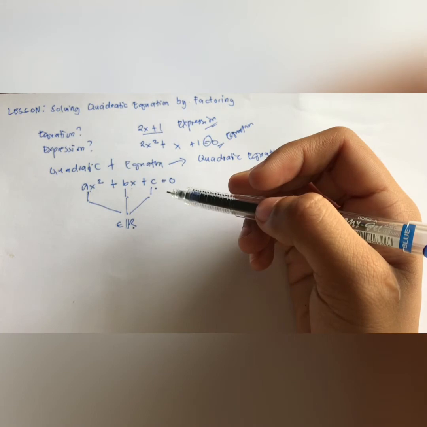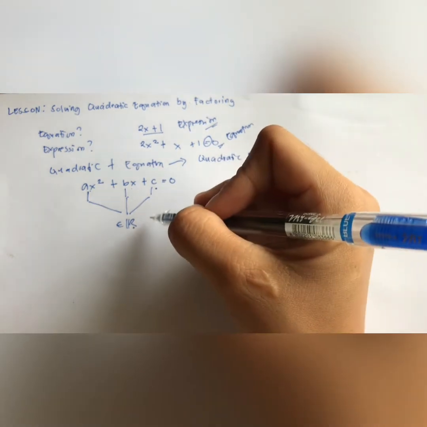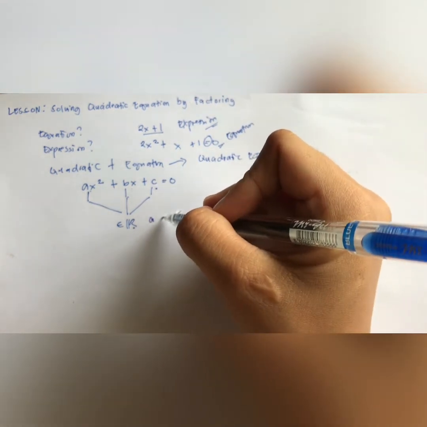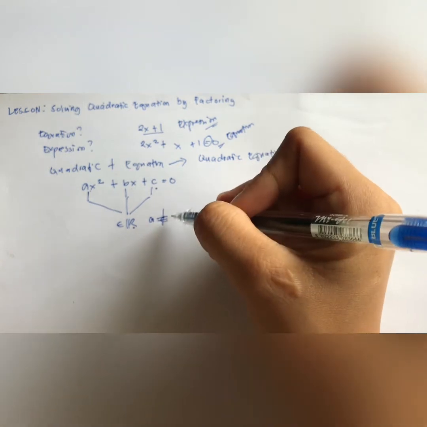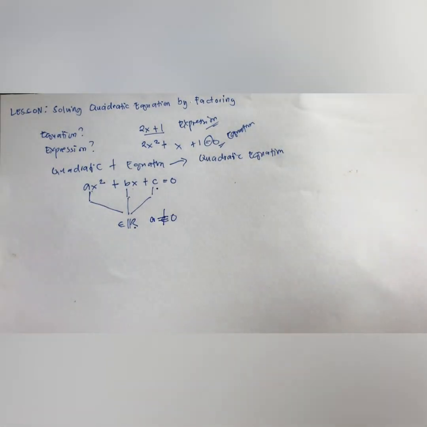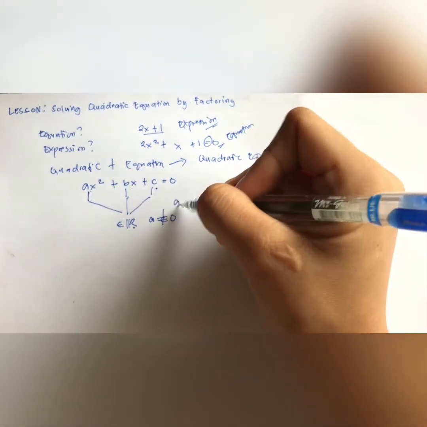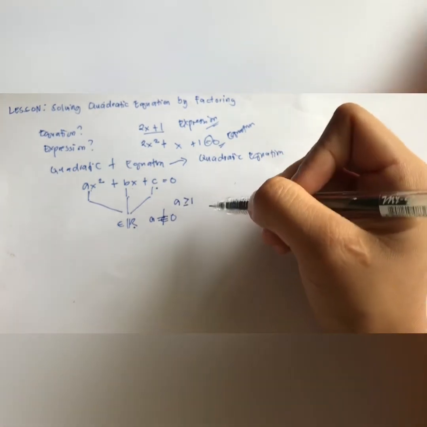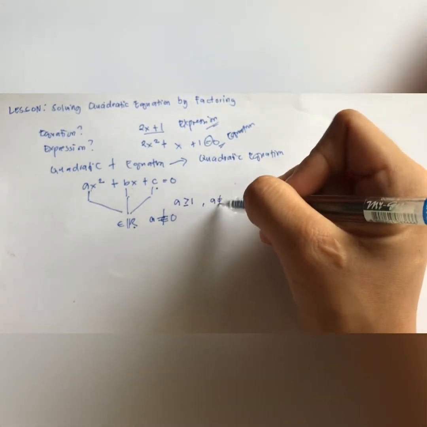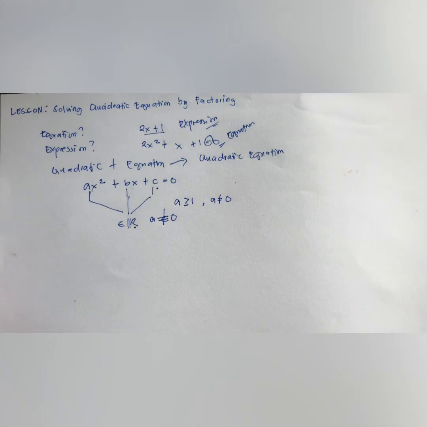Now, however, there is a restriction. The value of our b should not be equal to 0. So a could be greater than or equal to 1, but a cannot be equal to 0. Claro?